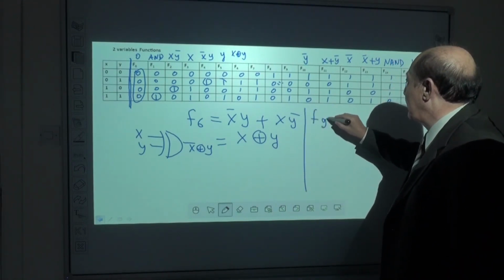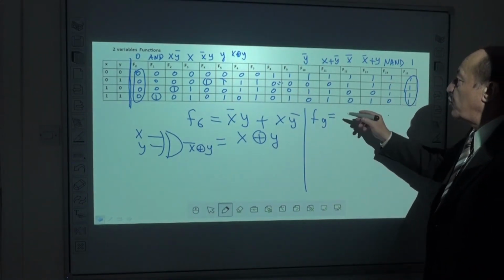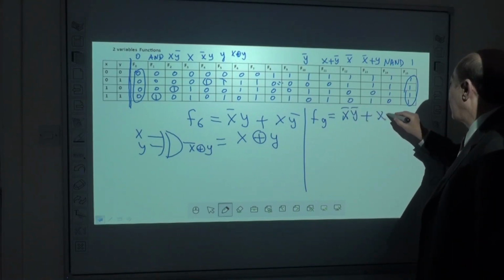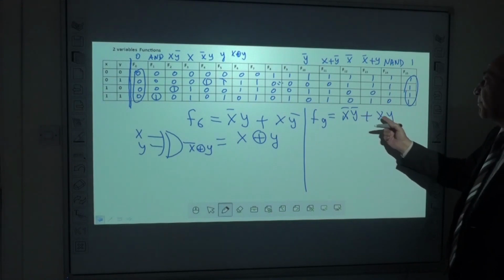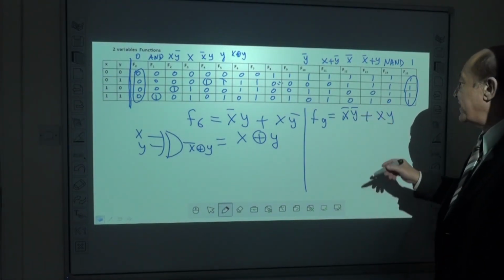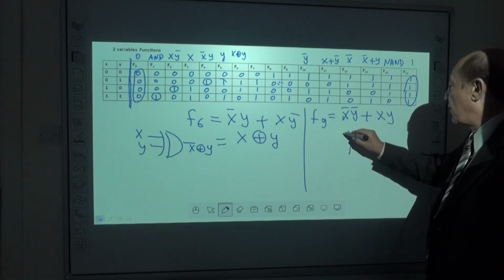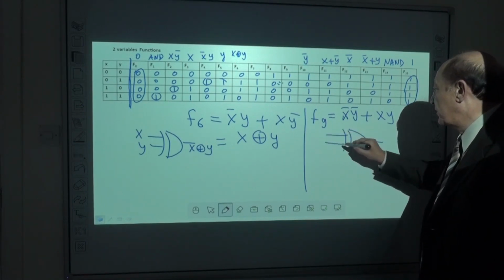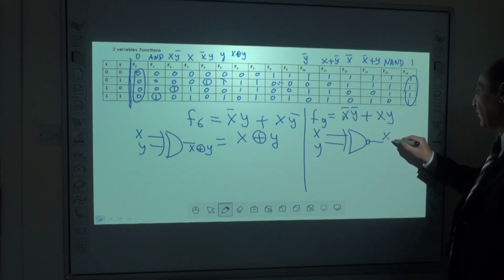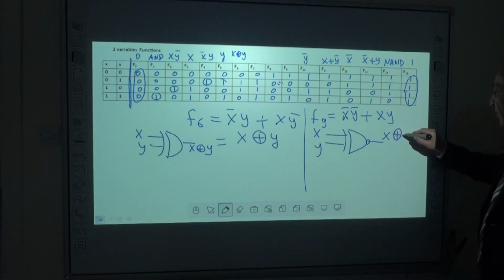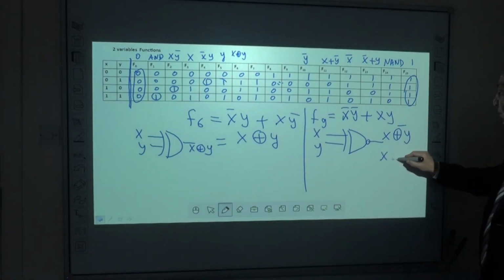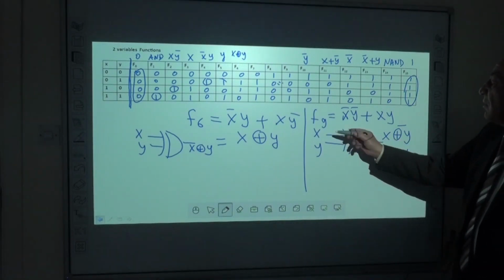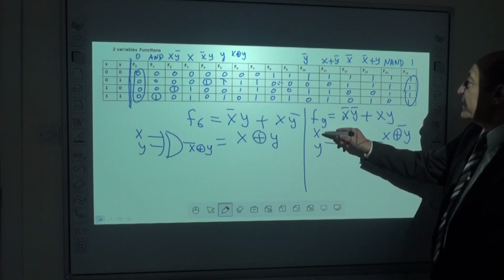f9 equals not x not y, or xy. And you cannot simplify this function, and it is exclusive nor, x exclusive nor y, or equivalence, because it is 1 when the two variables are the same.